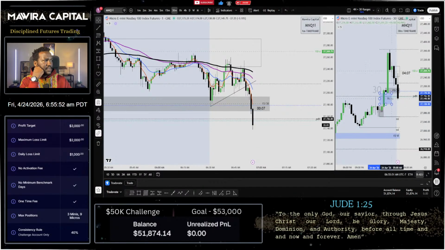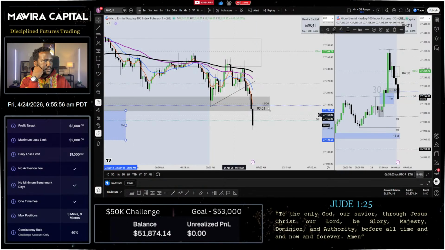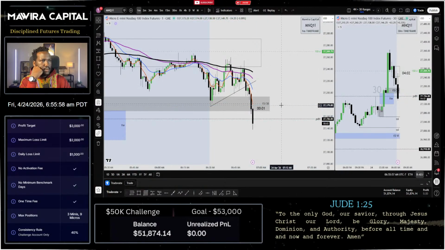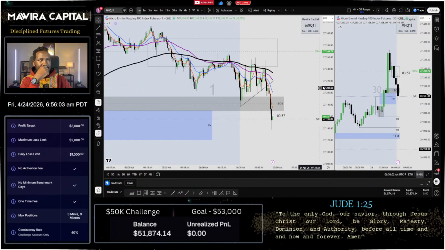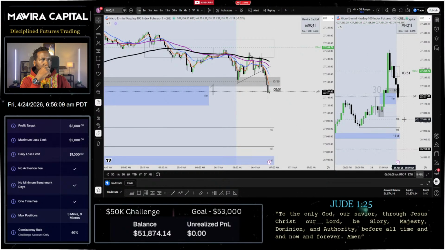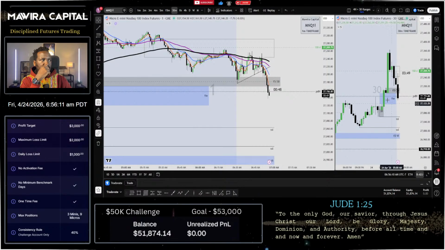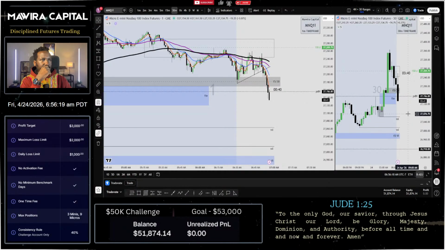So we are in a 1 hour gap. So what I'm gonna do is just move that to the side. We'll be looking for another retracement. If we don't get it, then so this zone confirms in 3 minutes. I don't like how this market is going super fast, man.